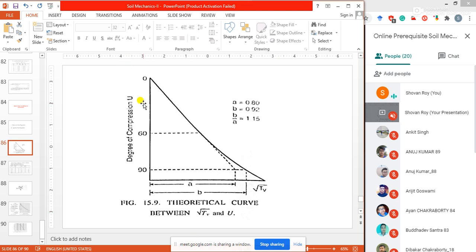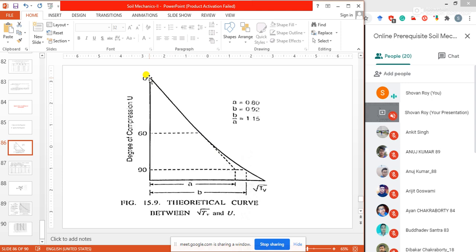Generally, normally, if the degree of compression or degree of consolidation, same thing, is 60% and 90%, this curve is coming from 0.